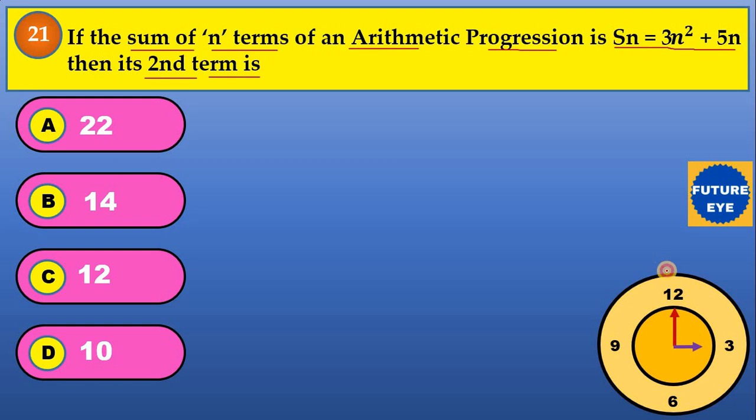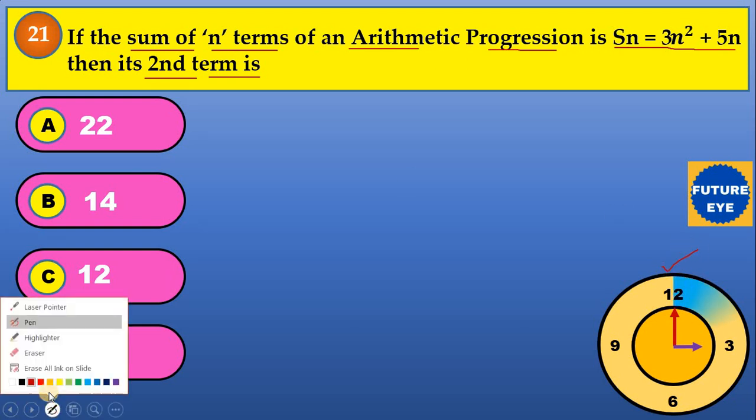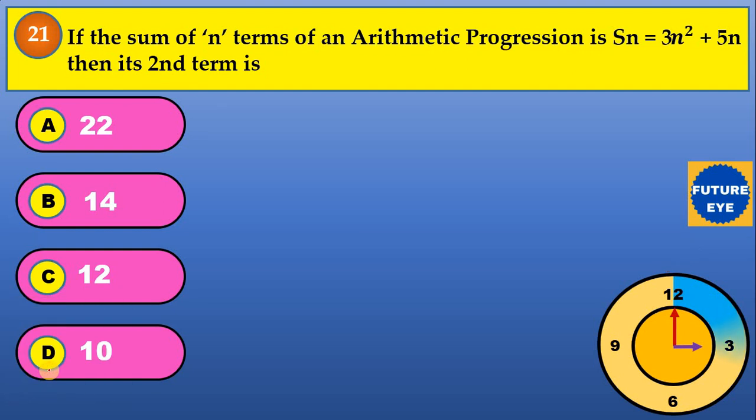Children, your time starts now. I hope you have got an idea how to solve this problem, children. Anyhow, time up. First let's see the correct option here, children. That is option B, 14.